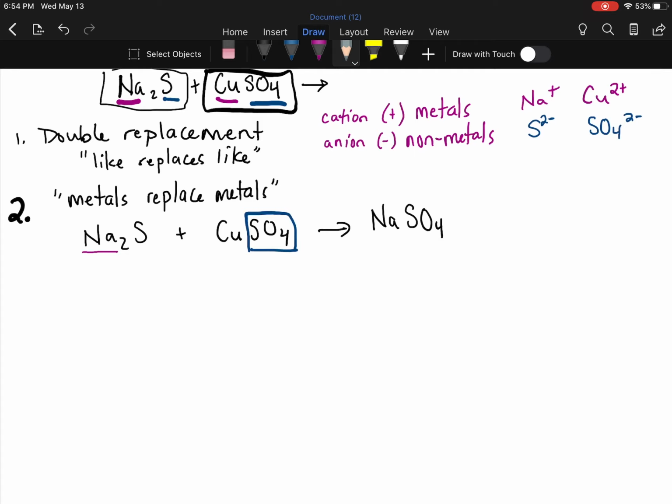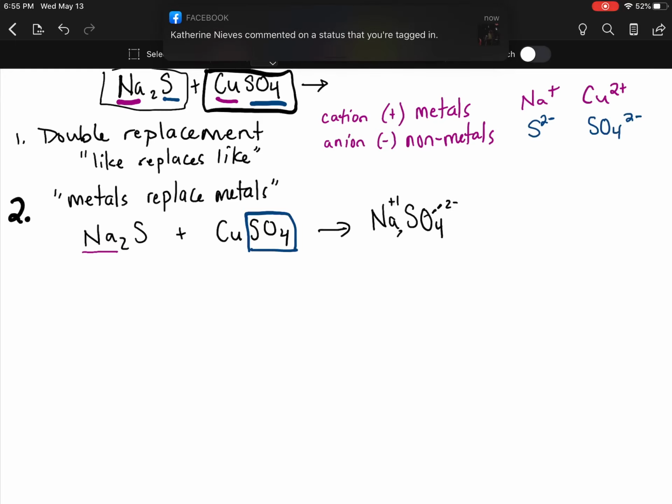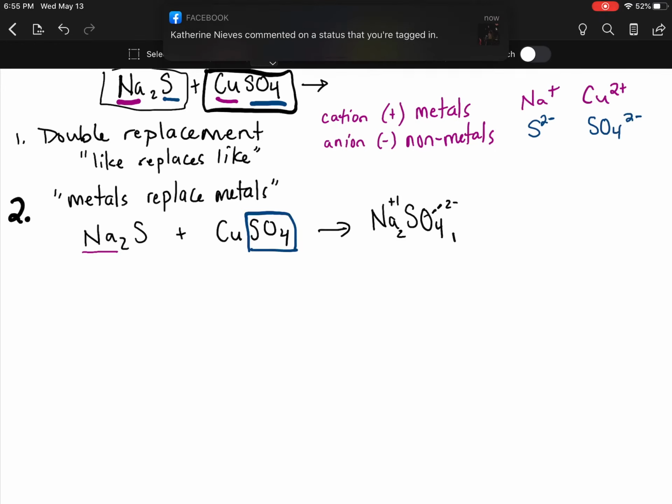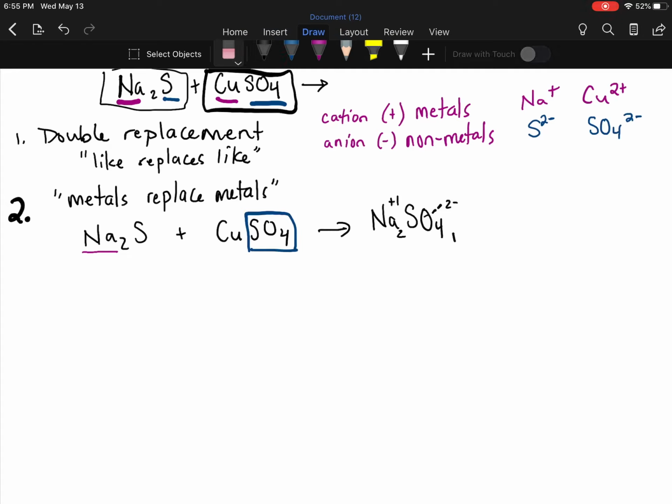If you remember, this has a +1 charge, this has a 2 minus charge. Crisscross tells me I'm just going to drop this down here, and I'm going to drop this down here, crisscross. So then I end up with sodium to sulfate.